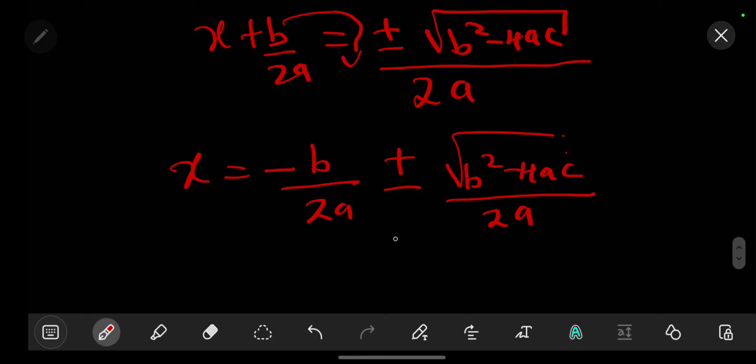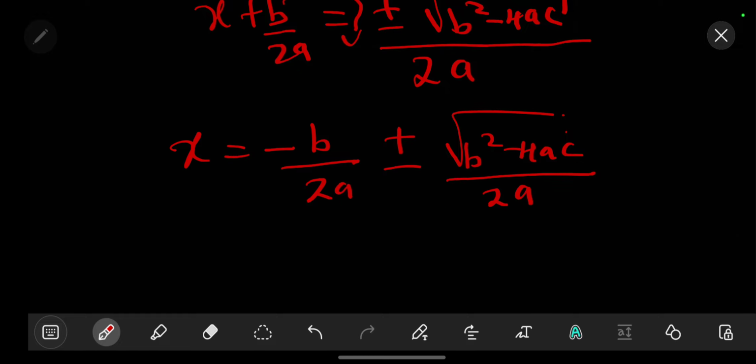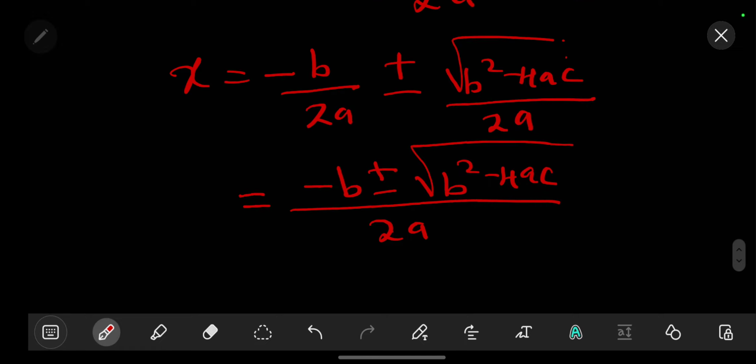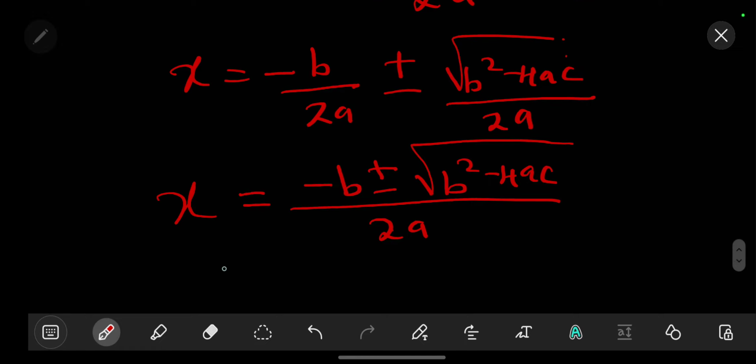So if you look at this, the common denominator is 2a. Then if this is our common denominator, this and this divide. So we are going to have negative b plus or minus the square root of b squared minus 4ac, over 2a. So this is our x, which is how the quadratic formula is.